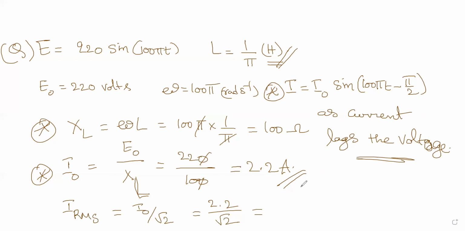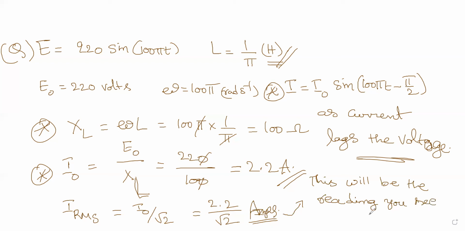That is 2.2 by root 2 amps. You can substitute the value of 1 by root 2 and get it. And whatever the RMS value you see, this will be the reading you see on an instrument.